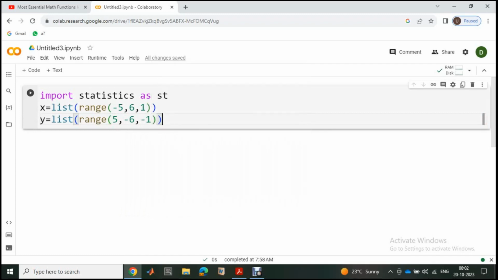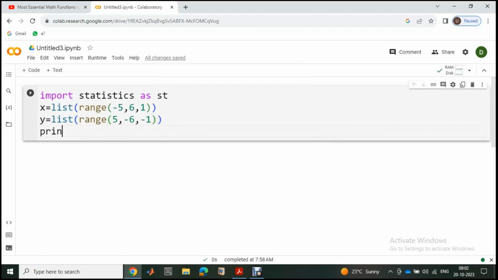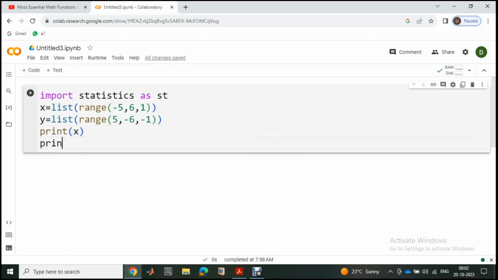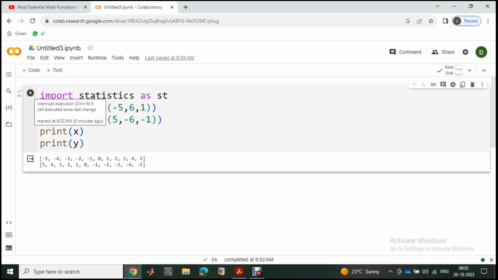So that is what I will do. First I'll print x and print y. Let us execute this. What could be the x and y?